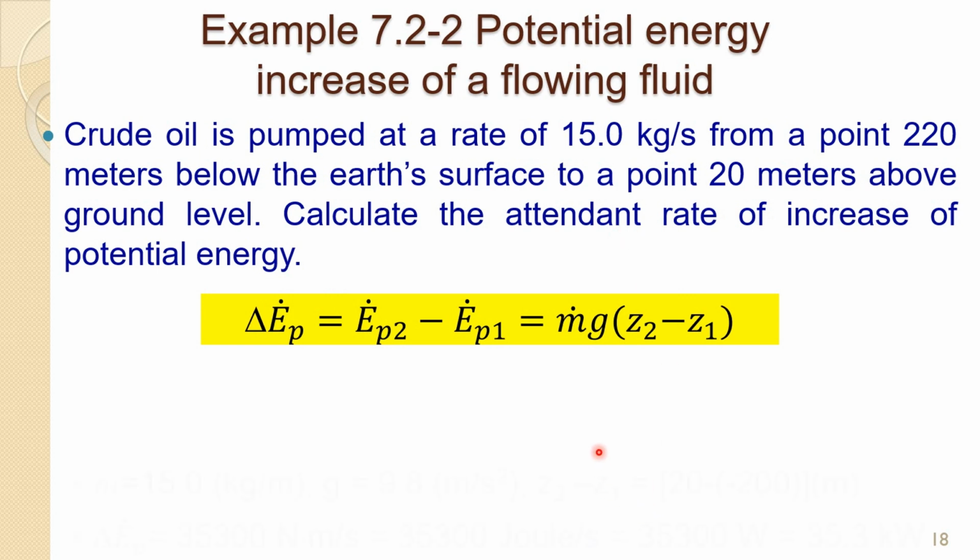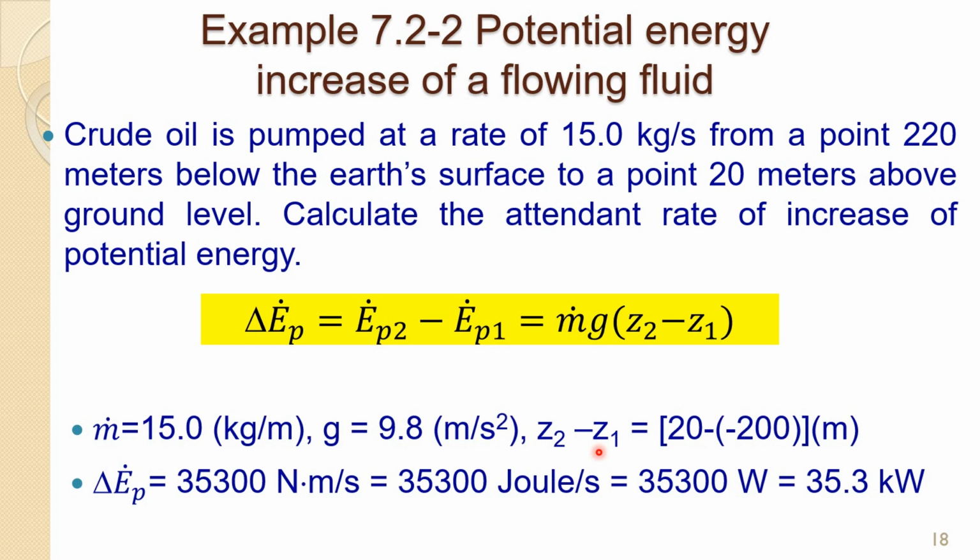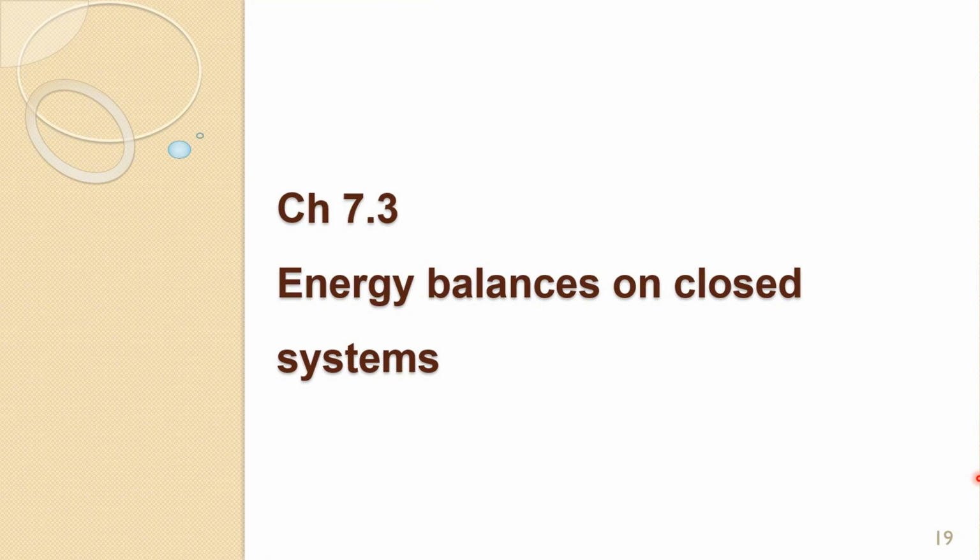That's why you need to know the difference in height. So this is the equation you need to know, with z2 minus z1, and you get this. So this is power, and the unit of power is the watt. Joule per second is called watt.